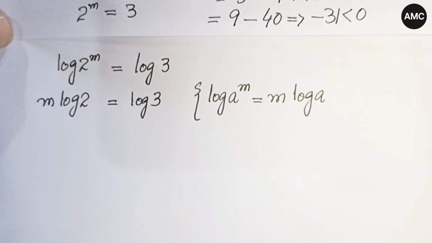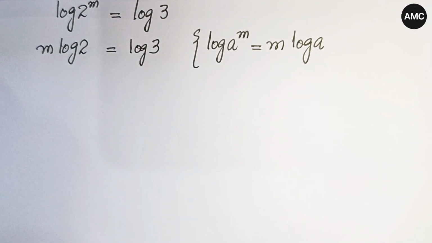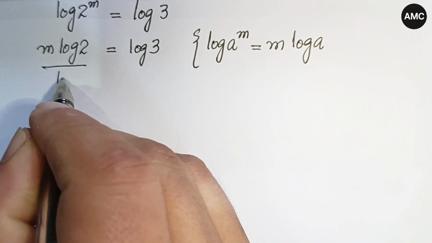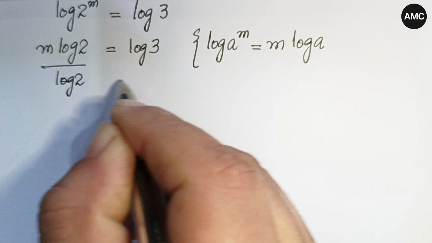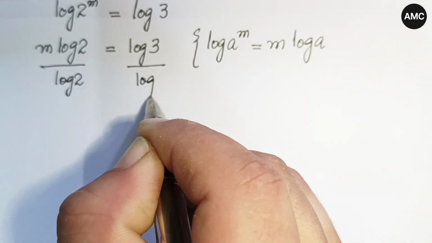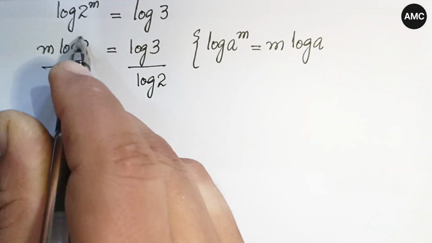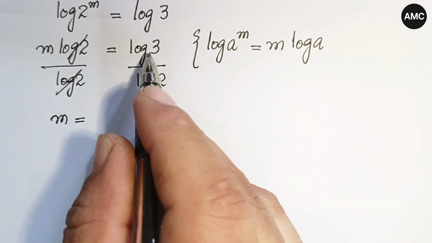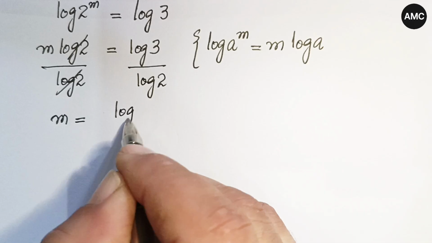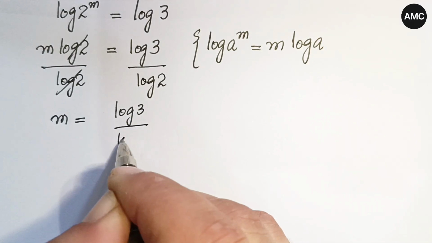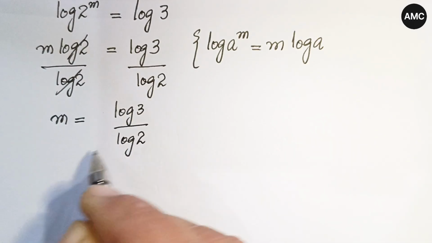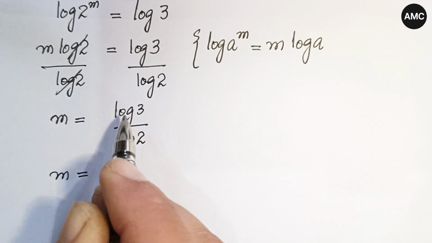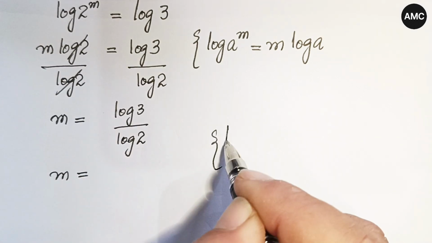Now if we just divide by log 2 on both hand sides, cancelling log 2 with log 2, we get m is equal to log 3 over log 2. Now here we can use a logarithm law.